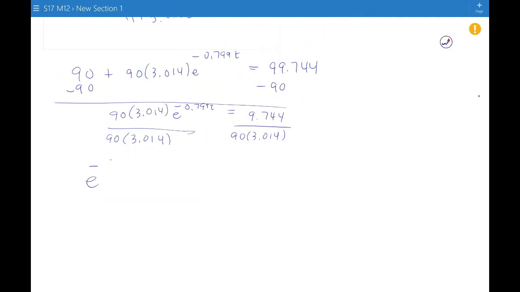Okay, so now I have e to the negative 0.799 t. And I'm not going to round this off yet. Don't ever round off until the very end of a computation. You can really mess up your answer. So now I'm going to take the ln of both sides.